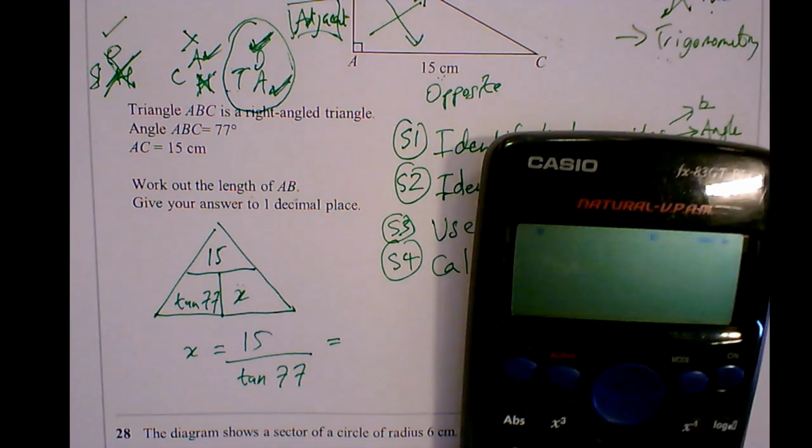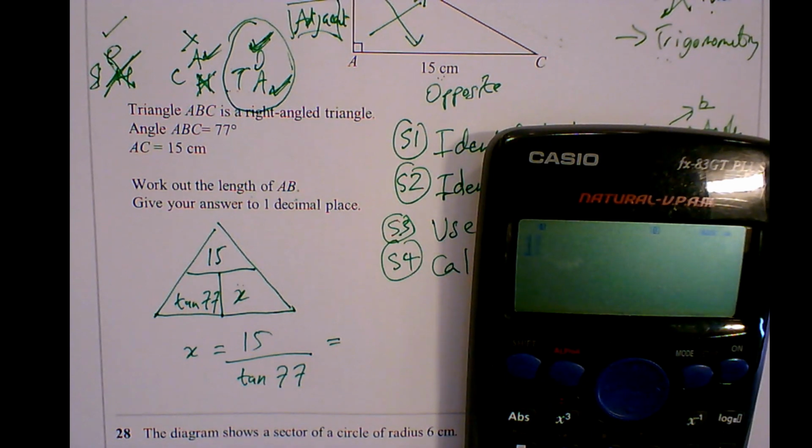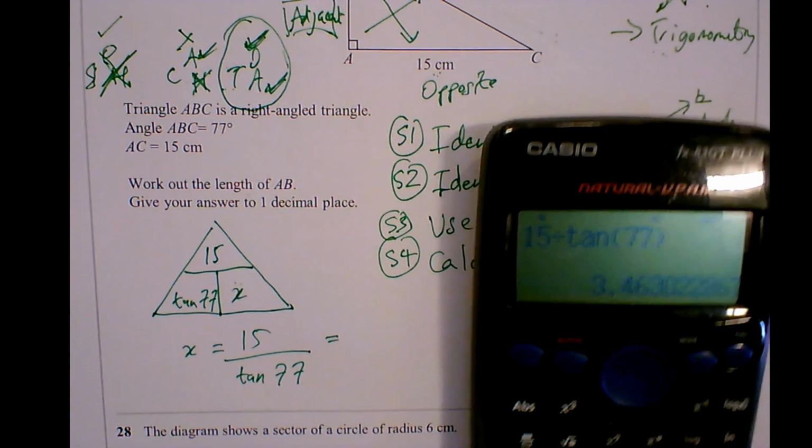Okay, I've got my calculator. 15 divided by tan 77, and I can close the bracket. Gives me 3.463.